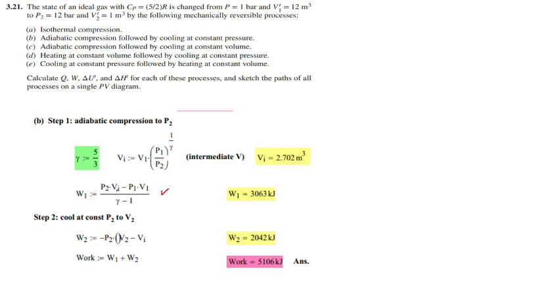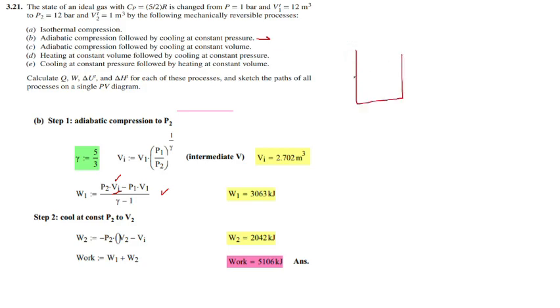You know this V, you don't know the value of this Vi, because you are compressing your ideal gas. You don't know the intermediate volume. So first you will find the intermediate volume, because this step is divided into two sub steps.